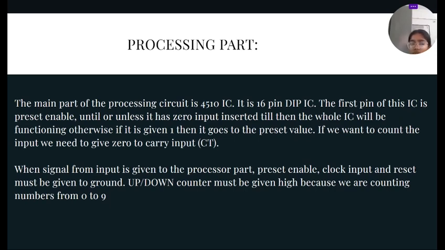If we want to count the input, we need to give 0 to carry input. When the signal from the input is given to the processor part, preset enable, clock input and reset must be given to ground. Up/down counter must be given high because we are counting numbers from 0 to 9.